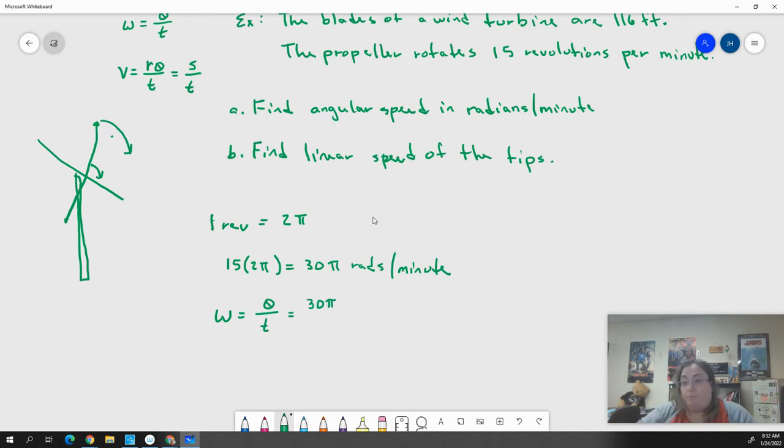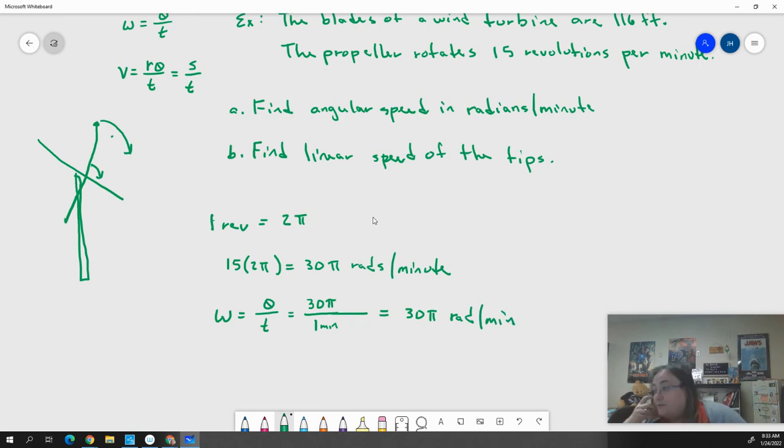It's 2 pi 15 times, over 1 minute. So, literally, our angular speed is just 30 pi radians per minute.